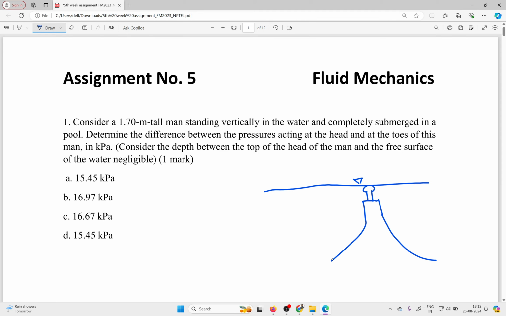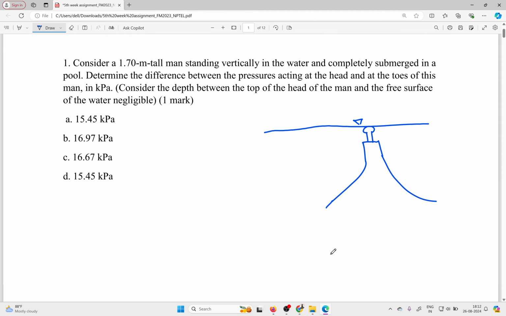He is standing in water. So total height is 1.7. Completely submerged, yes, I have put it.